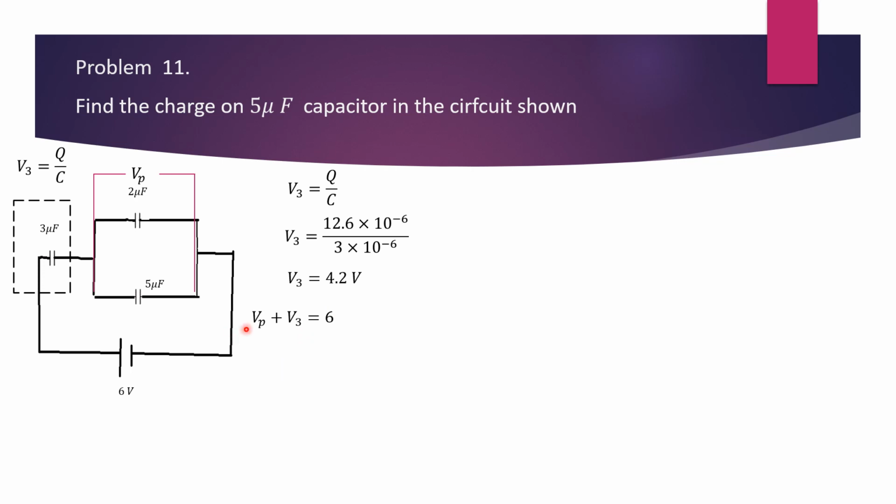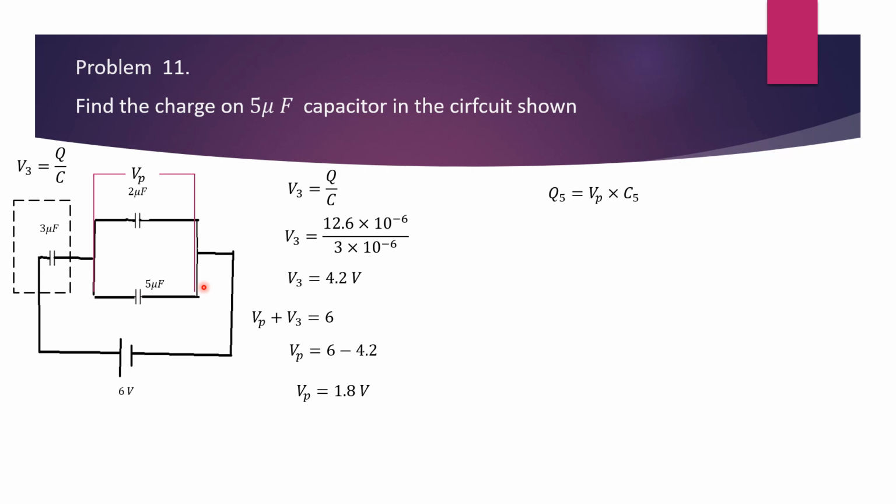Since we know that the potential at this point and the potential at the 3 microfarad capacitor both make it 6 volt, calculating for the VP, we put in the values, and 6 minus 4.2 gives us VP is equal to 1.8. That means the potential difference across these two capacitors which are placed in parallel is equal to 1.8 volts.